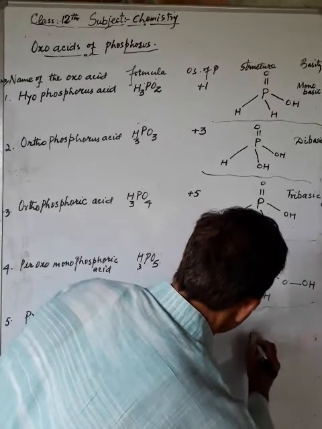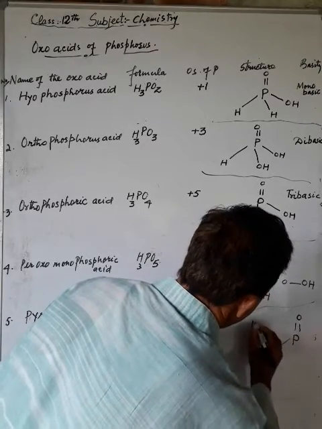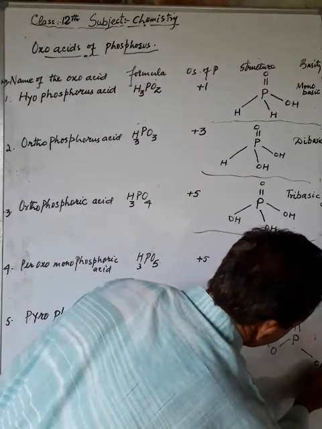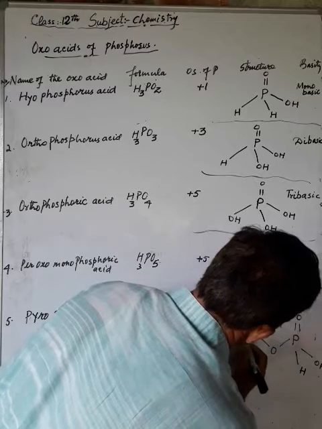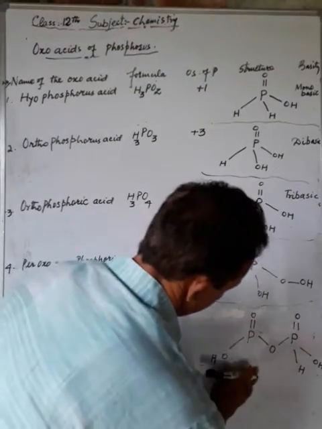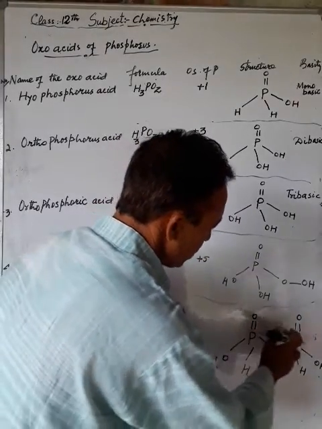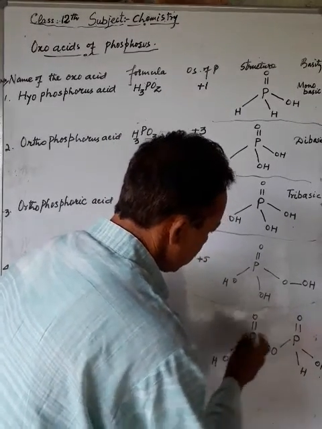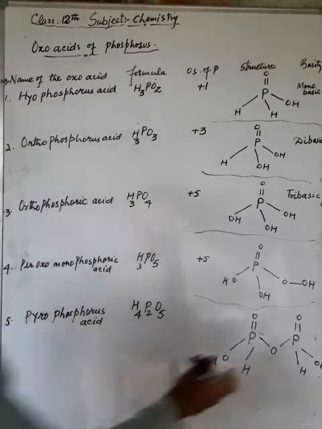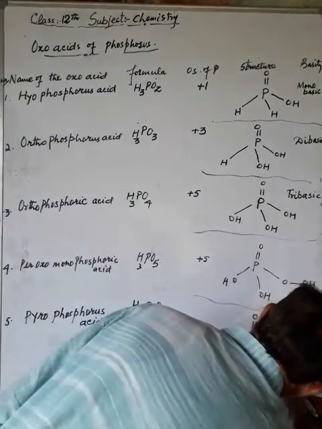This is P-O-P, double bond O, OH, H, OH, H. It is H4P2O5, 1, 2, 3, 4, 5. How many OH groups do we have? We have 2 OH groups linked to the 2 phosphorus atoms, so it is dibasic.